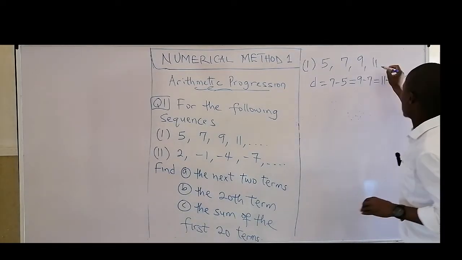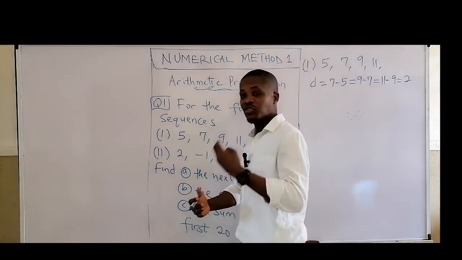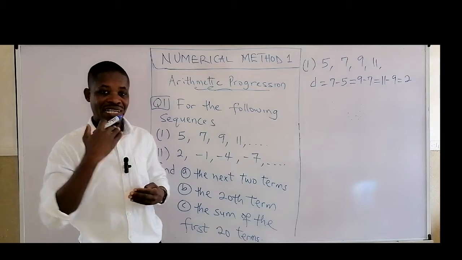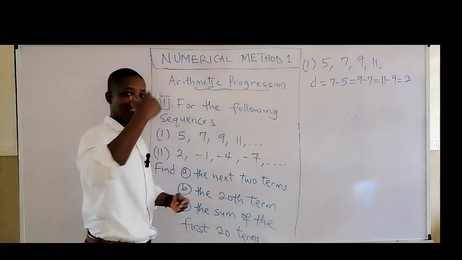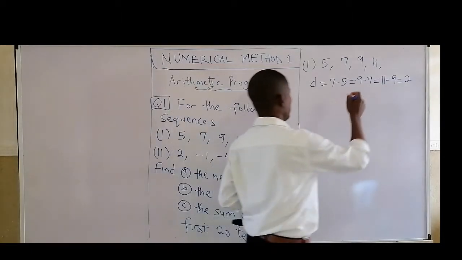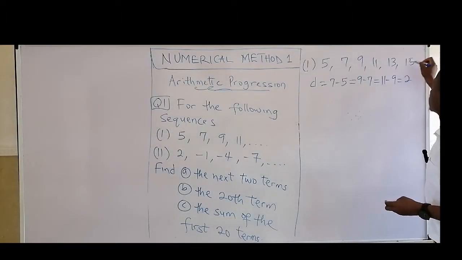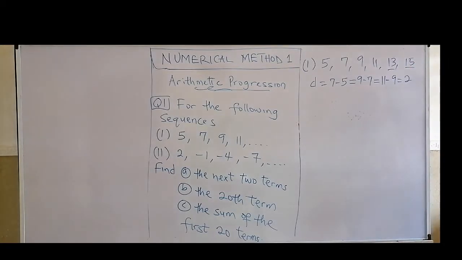So for the next two terms, we just keep adding the common difference. The next two terms will be 13, followed by 15. So that's the next two terms of that sequence.